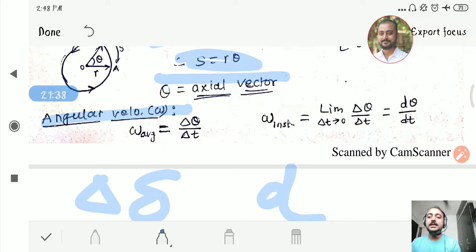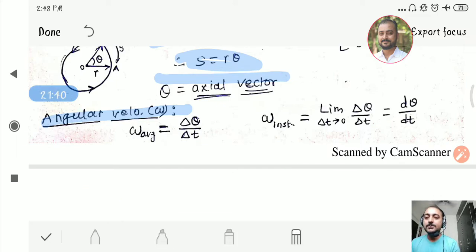So what is the difference in all this? It's very simple. I am explaining this term in terms of the linear velocity.